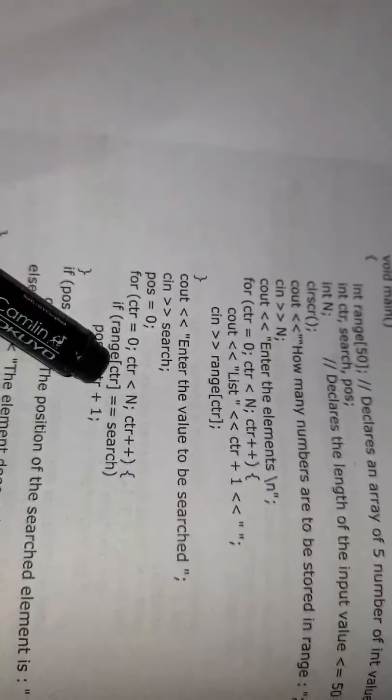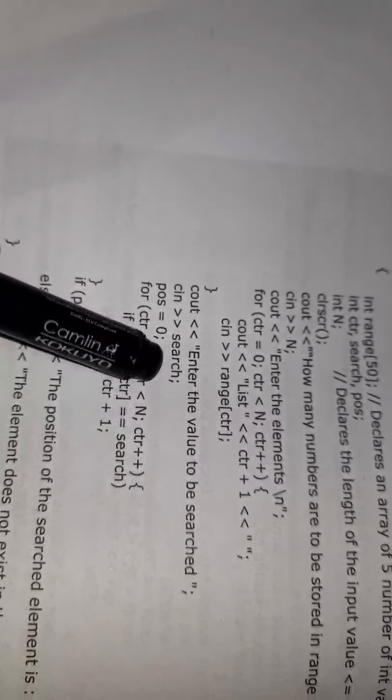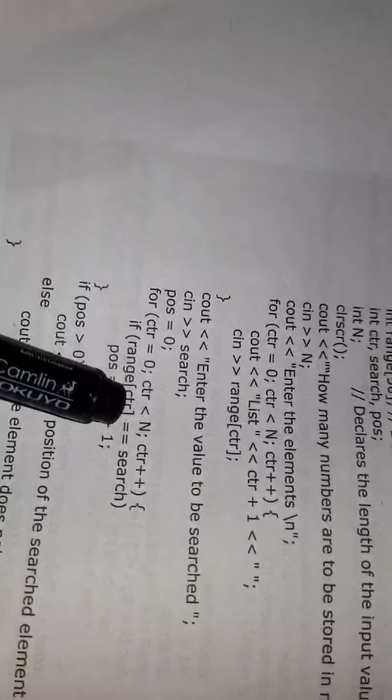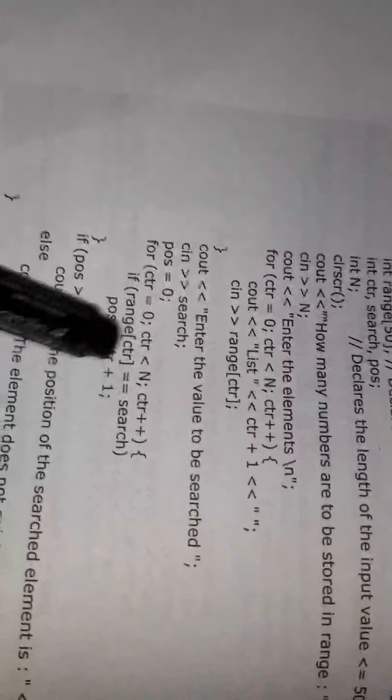Is it? No. So the body of this for loop will not execute. Again the counter will increment, and the test condition will be tested. 1 is less than 9, right? So 2, what is stored in range 1? 2. 2 is equals to 8? No, so this will not execute.